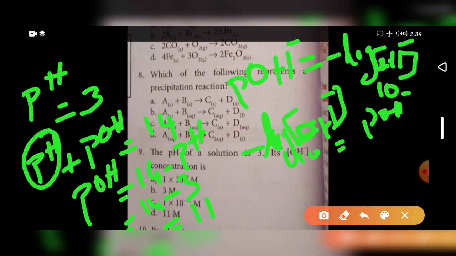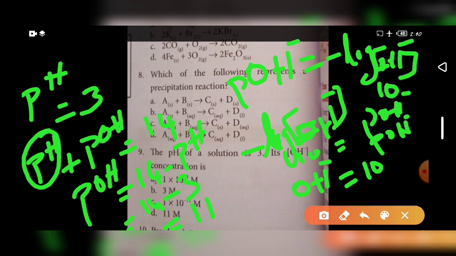Here the minus goes to that side, so log of OH to the base 10 is equal to minus POH. You remove the log, it comes as OH minus. Whenever you remove the log, it becomes 10 to the power of minus POH.